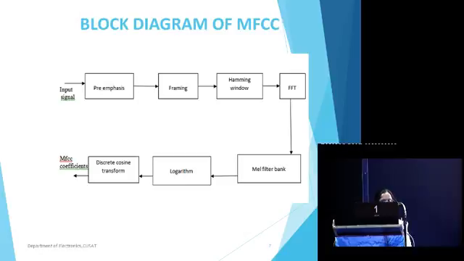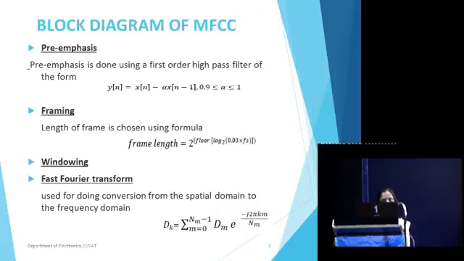This is the block diagram of MFCC. Explaining each block: first we use a high pass filter, then framing, segmenting the signal into a number of frames. Then windowing is applied, then the signal passes through a Fourier transform, converting to the frequency domain.